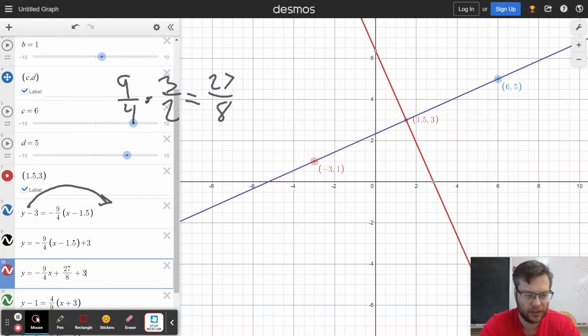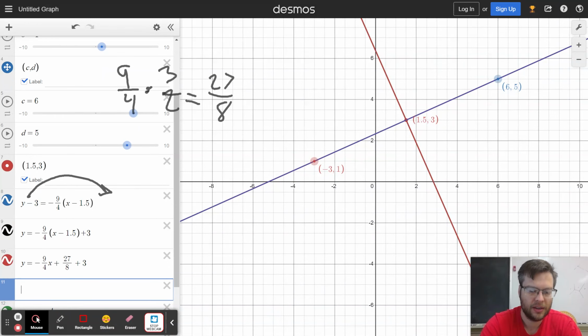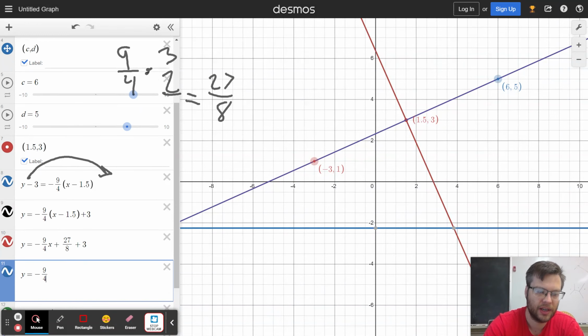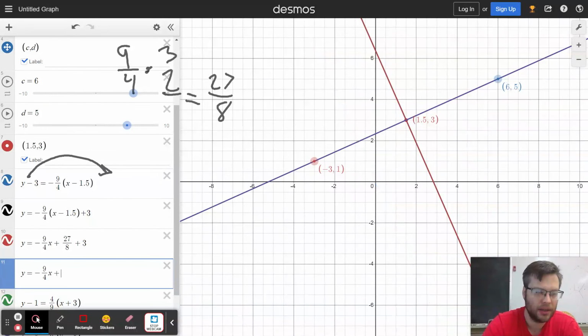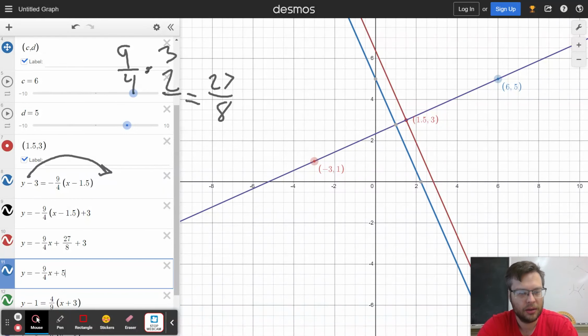Okay, maybe you don't like having 2 separate fractions like that, so you can write it like negative 9 fourths x plus, think about how many eighths is 3. 3 times 8 is 24, so I have to add another 24, and I get 51 over 8.